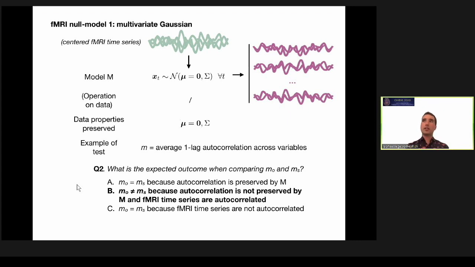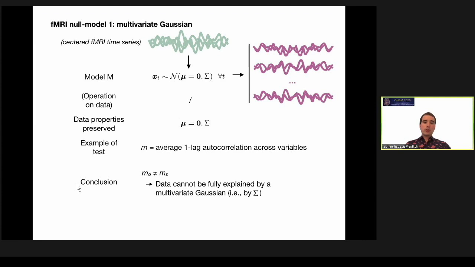Because we know that the original data, fMRI time series, have autocorrelation, whereas the surrogates do not. The conclusion here is that data cannot be fully explained by a multivariate Gaussian, meaning that if we just stick to the correlation or the covariance as a statistical measure of the information in fMRI time series, we are missing some statistical information. Again, this echoes the point that I made in the warnings at the end of the previous section. This does not mean that sigma or the correlation matrix is useless, and there is infinite literature on that.